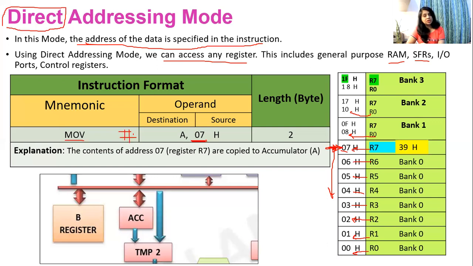This instruction says to copy the contents of the memory location whose address is 07 into register A, again from source to destination, from right to left. So after execution of this instruction, it will transfer this 39 into the accumulator. Now let's go to the next instruction.